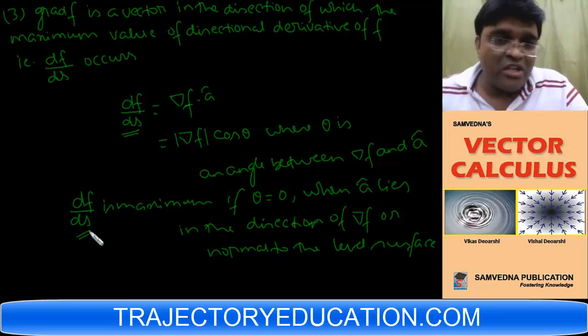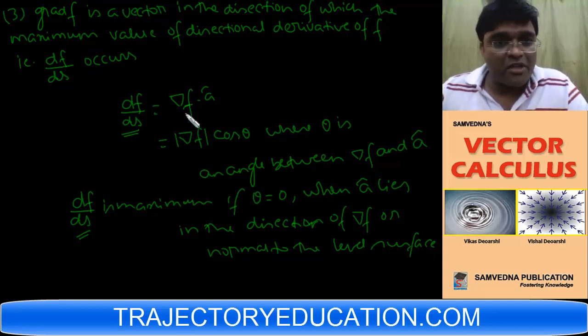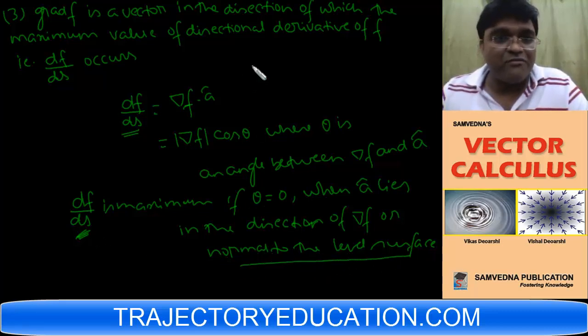So the directional derivative is maximum in the direction normal to the level surface, and that is the direction of del f. From the previous property we saw del f lies in the direction of normal, and we have proved that this directional derivative is maximum in the direction normal to the level surface when theta is 0.